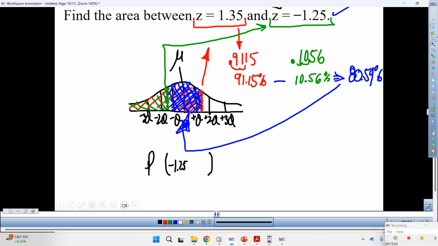What is the z-score to the far right? Z-score to the far right is 1.35. And for those of you that were with me in Algebra 2, this is going to look familiar when we write the Z in between, less than or equal to, less than or equal to. This is a compound inequality.